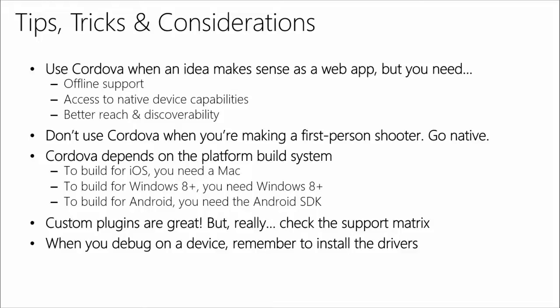And also when you want better reach and discoverability. So if you want to get your app really broad, and if you want to share your actual code with perhaps your website presence, then you could choose to do this, because you're speaking the same language in your app as you are in your browser.